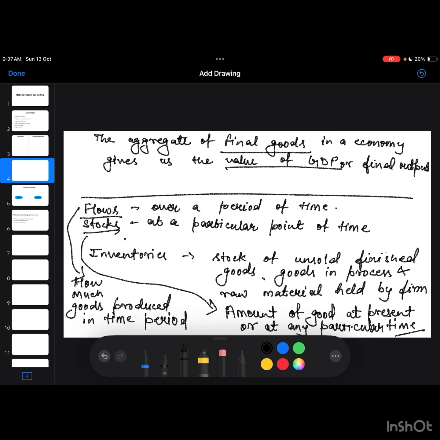It is stock. Now inventory is the unsold finished goods or goods in process, raw materials that are held by a firm. So inventory is a stock of unsold finished goods of a firm.